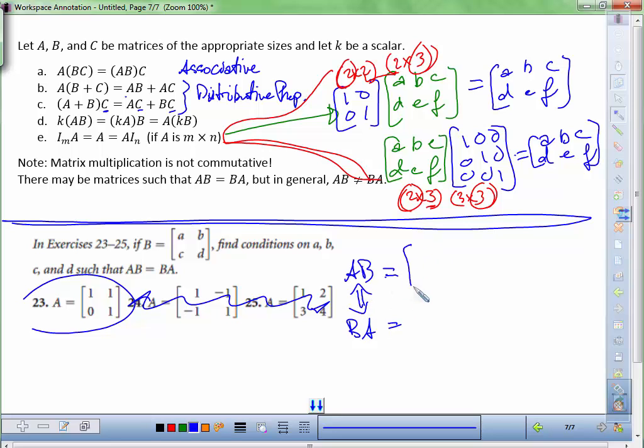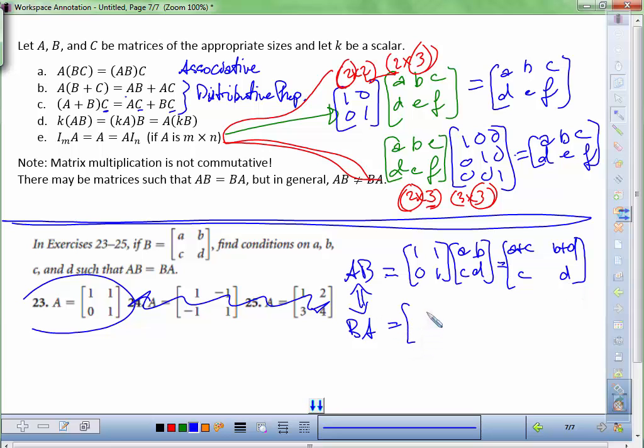So AB is 1, 1, 0, 1, and B is A, B, C, D, and this is going to be A plus C, B plus D, C, and D, right?